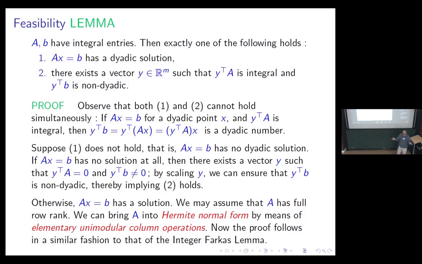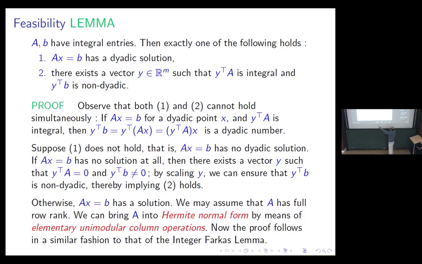You do the multiplication, the sum of dyadic numbers is dyadic, so this is a dyadic number. So 1 and 2 cannot both hold at the same time, clearly.